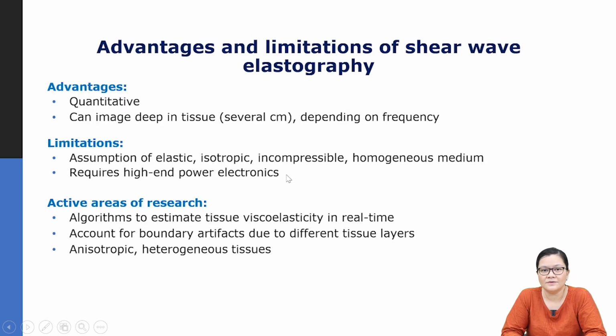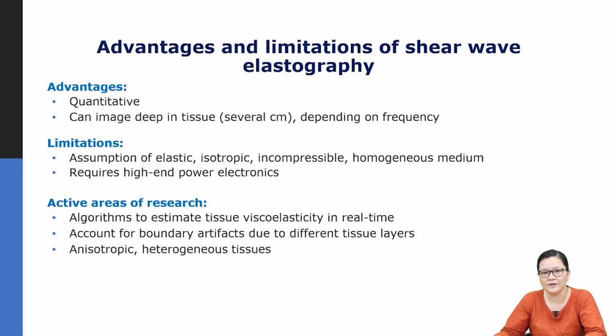The advantage of shear wave elastography is that it provides quantitative estimates of the mechanical properties. You can also image deep in the tissue, almost several centimeters, and that depends on the frequency of the ultrasound. We know that there's a relationship between the frequency of sound and the penetration depth.